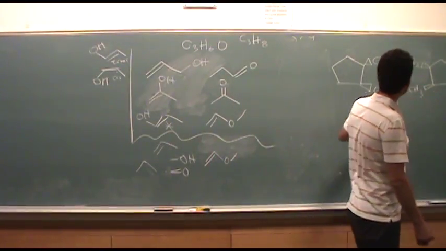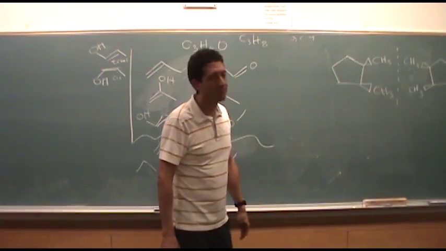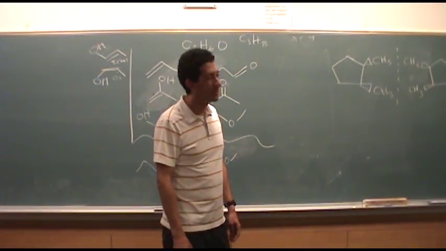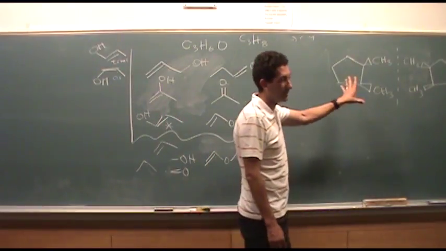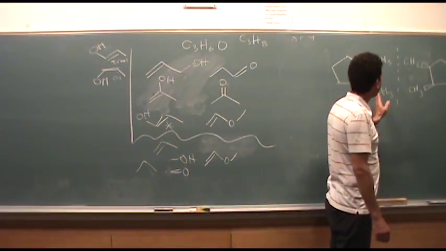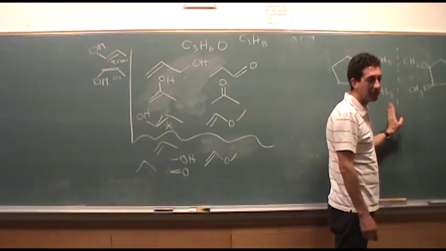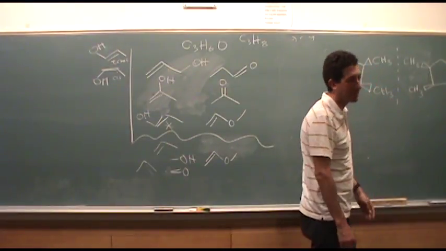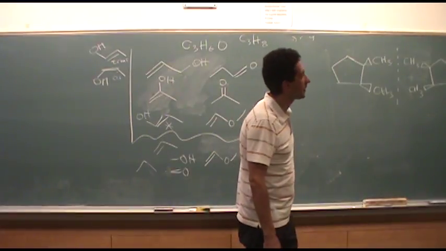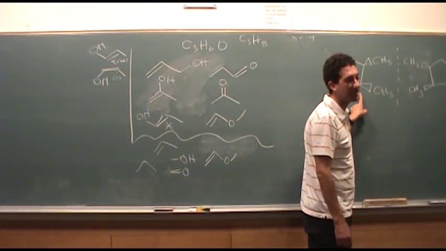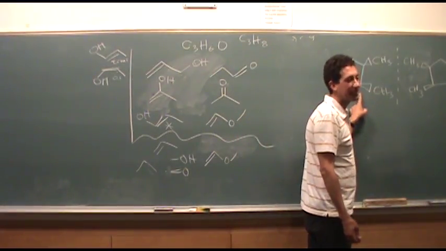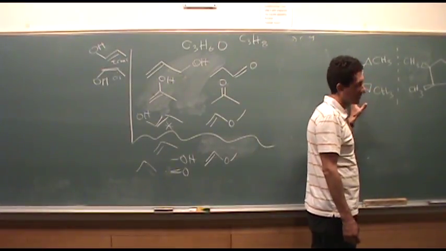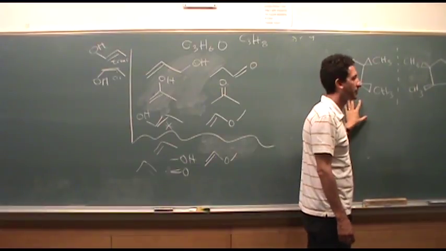But are these two the same or different? They're the same if you just rotate 180 degrees. So, if the mirror image is the same, is it chiral? No, achiral. So that's why it's achiral. Or another way to say that, when you have two stereocenters and it's cis, it's not going to be chiral. The one we did in class was trans. I don't remember exactly what it looked like.